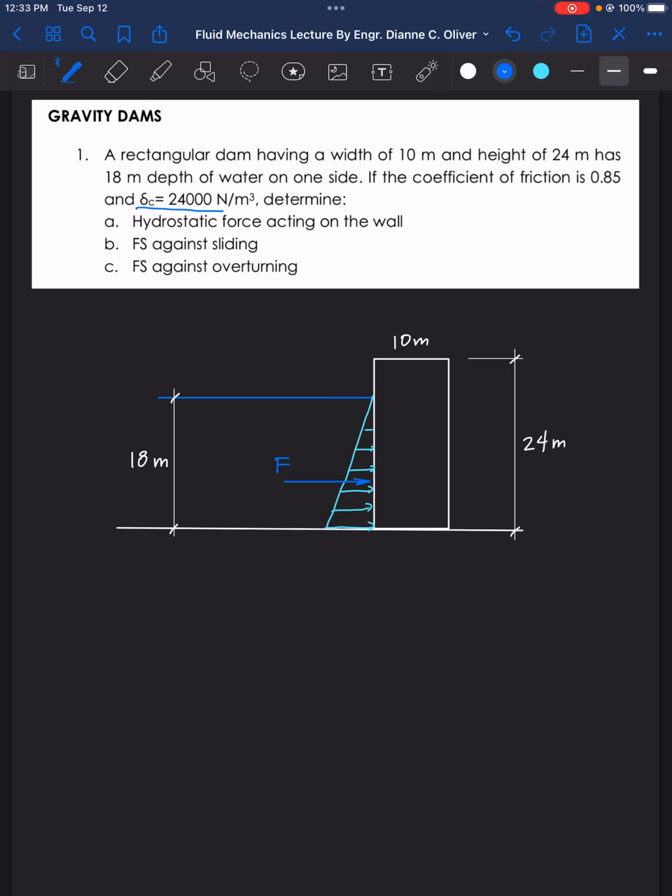Hydrostatic force F. So how do we solve that? Letter A, F, the hydrostatic force, is equal to gamma of the liquid. What we have here is water. So this is the water surface here, and our gamma, our unit weight, is for water, multiplied with HC. Why?